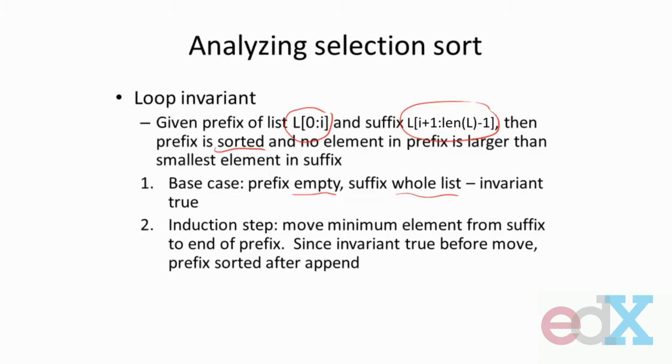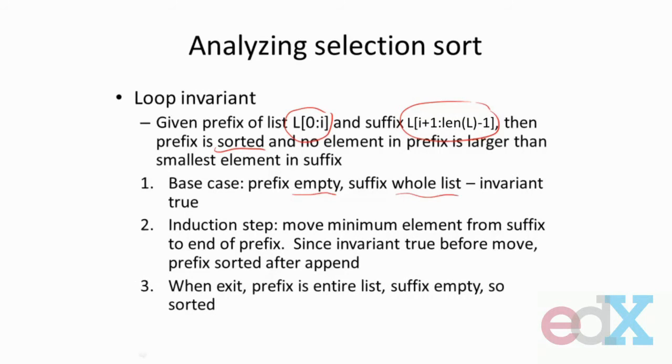And since I moved the smallest element, there's nothing in the suffix that is smaller than anything in the prefix. So if the invariant was true before the move, the prefix is sorted after the move, and I've guaranteed that I've done the right move. And when I exit, when I've gone all the way through, what do I have? The prefix is the entire list, the suffix is empty, and so I'm guaranteed that the list is sorted. Nice little induction proof that shows that I'm actually doing the right thing.